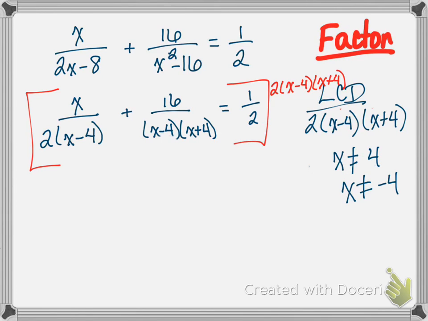That's what I'm multiplying each individual rational by, and we're going to put that over 1. So I have 2 times x minus 4 times x plus 4 over 1.